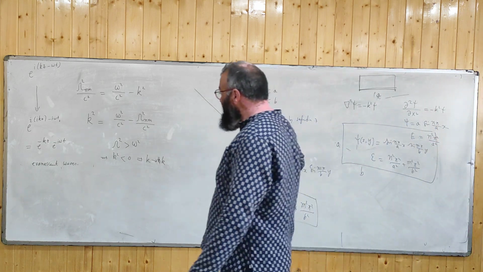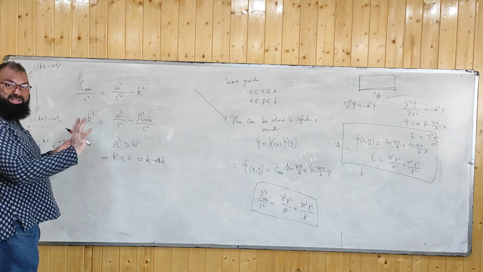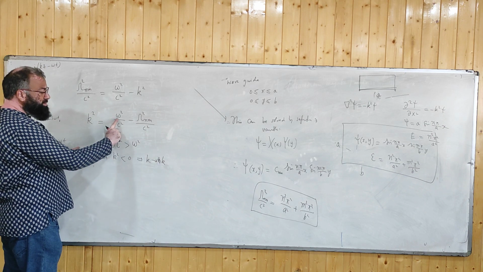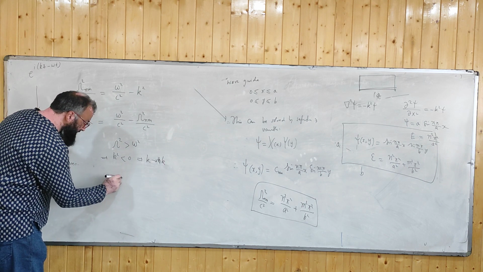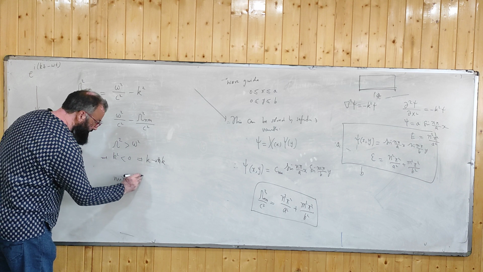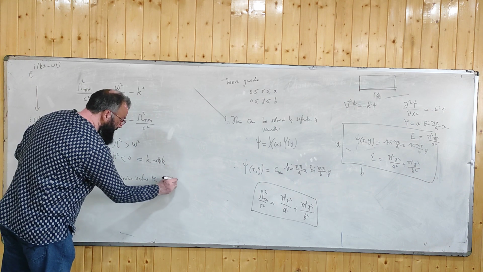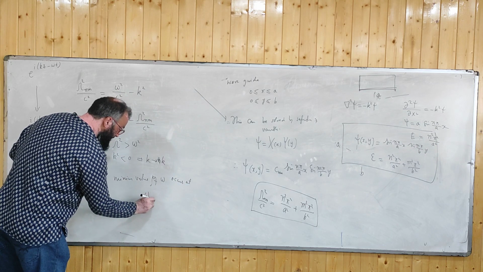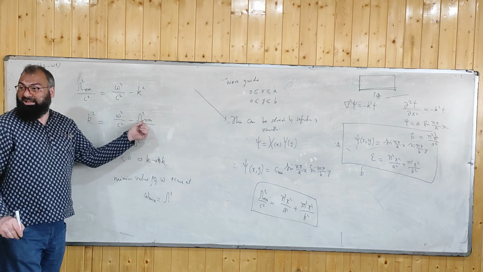So for any kind of propagation, the minimum you can have is the minimum value of frequency. Let's write that omega minimum, which is equal to omega square. What is the minimum value of this thing?